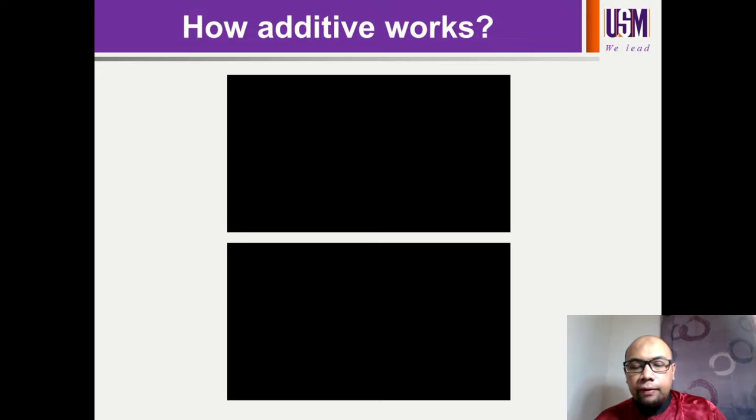The additive's function in the milling process: normally we have two major concerns. Number one is that when we add additive, we want to flocculate. Flocculate means agglomerate the ceramic slurries.